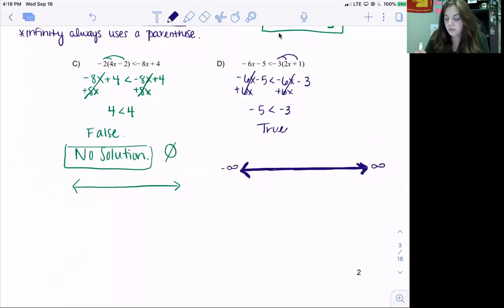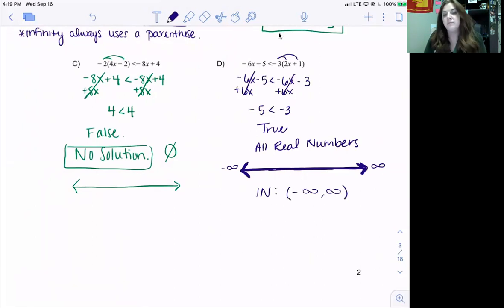For just our general statement, we can say all real numbers, similar to what we did with an identity. And then for our interval notation, we graphed the whole line. We went from negative infinity to positive infinity with parentheses around both. Okay.